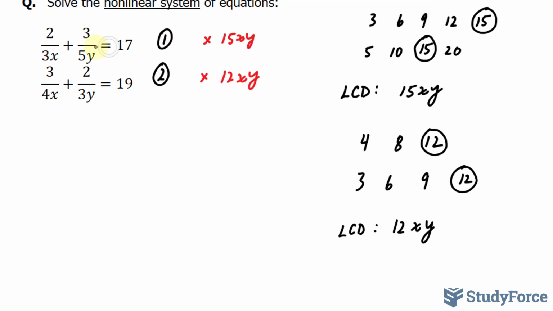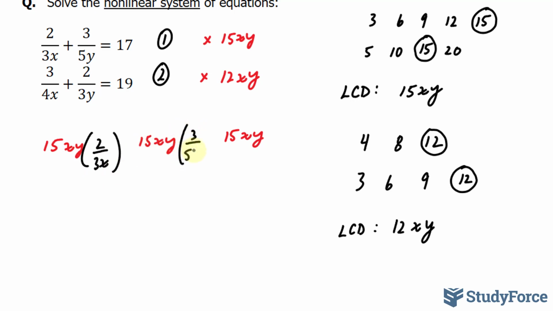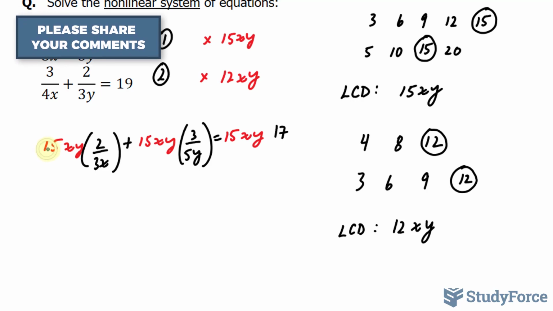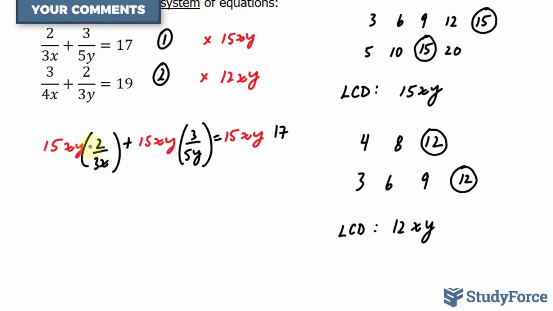If I multiply this whole equation by 15xy, I have to multiply each of these terms by 15xy. So I'll show you how that works for the first one. We'll multiply this by 2 over 3x, multiply this by 3 over 5y, and multiply this by 17. Don't forget the equals and plus. Let's see what happens. 15xy times 2 is 30xy, divided by 3x is 10y.